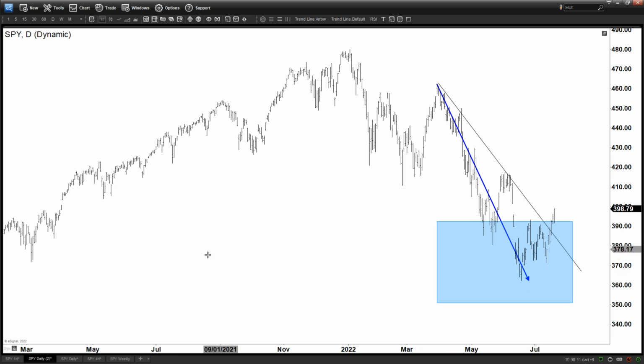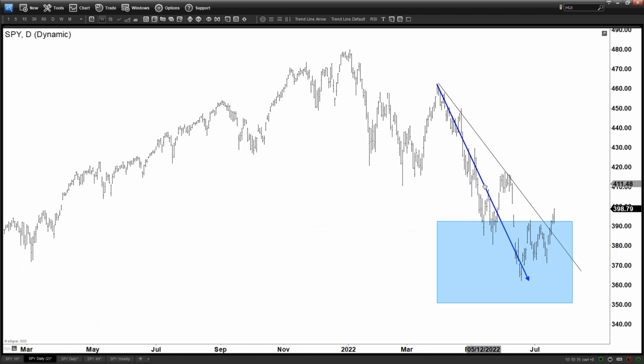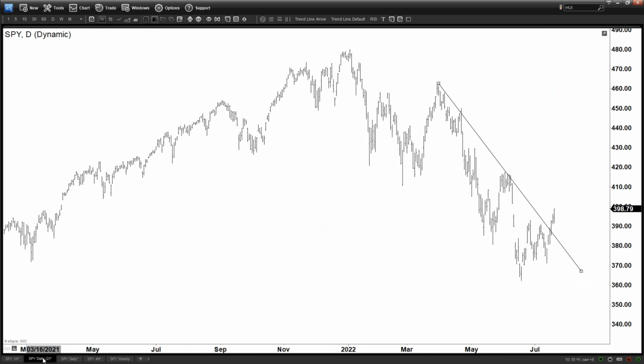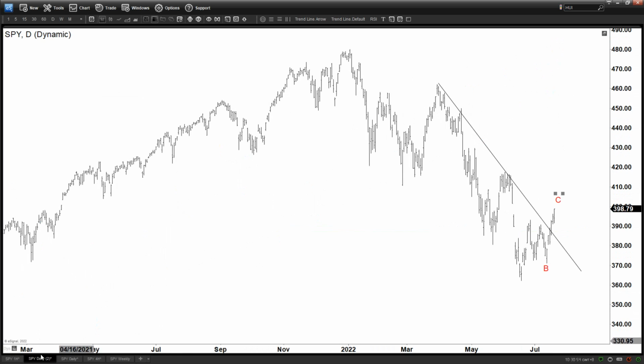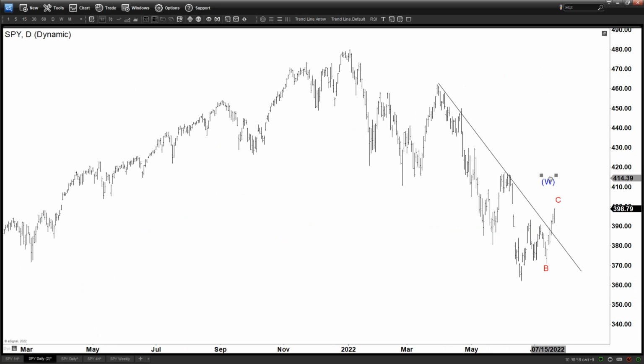Now let's focus on the daily again. From this low here, this is your B right here, and then we're looking to finish the C. By looking at this, now we can kind of make sense of what we are trying to say here. If this is your A, B, and C, that has to be your A here.